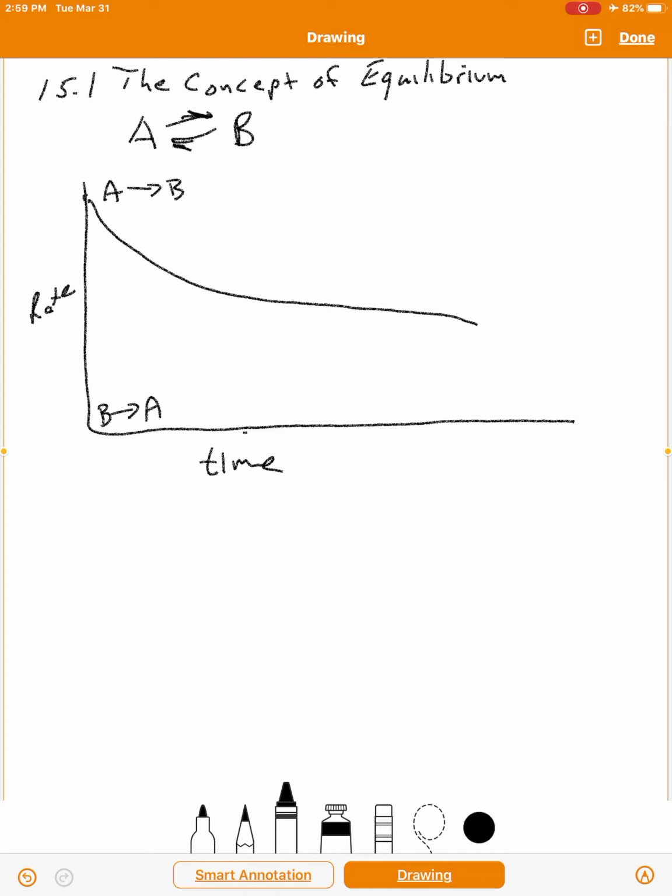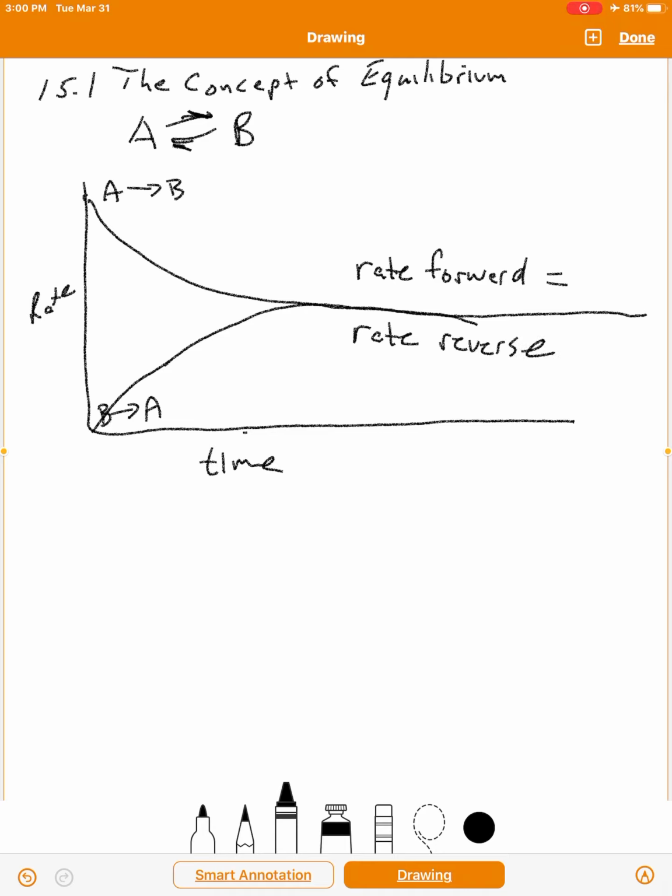Initially, there isn't any B, so the rate of reaction would be very, very small. 0, in fact. But once B starts to build up in concentration, the reaction would increase in rate. So what you would find is that it would get bigger and bigger. The reverse reaction would get faster and faster until essentially they become equal. Okay? So out here, the rate of the forward reaction is equal to the rate of the reverse reaction.